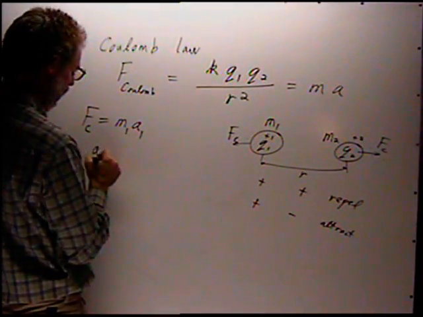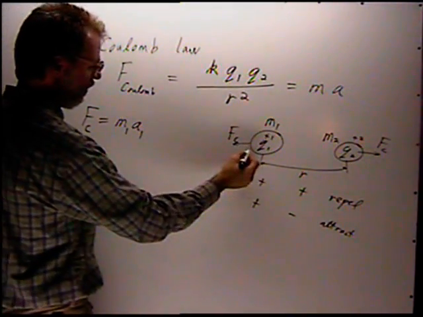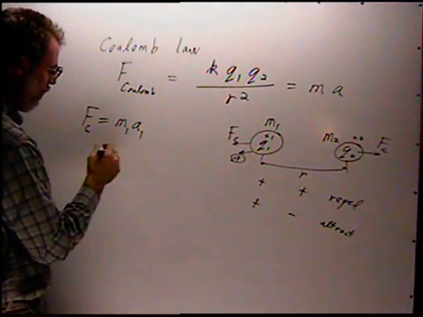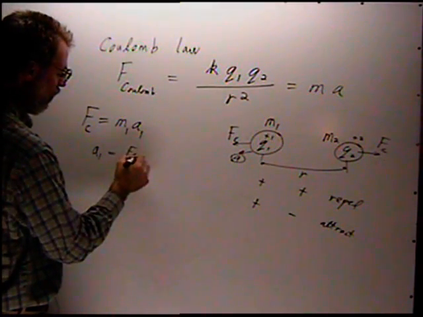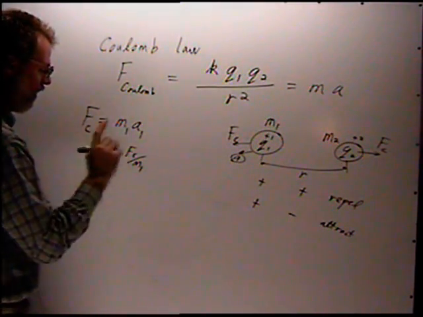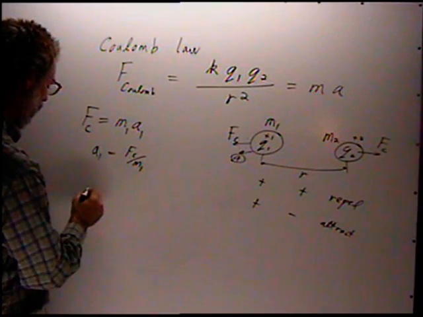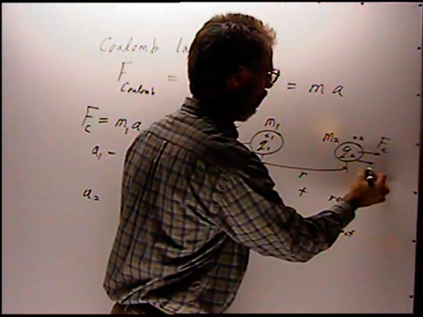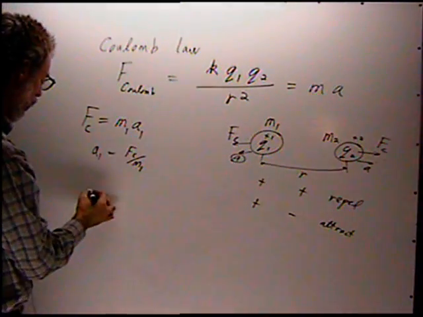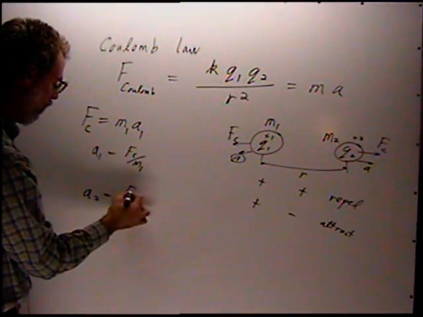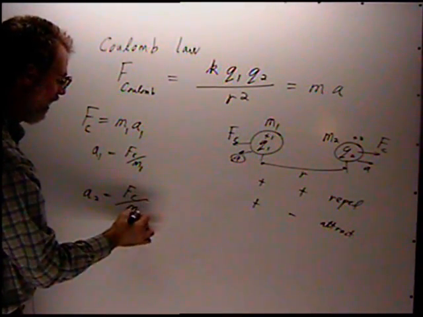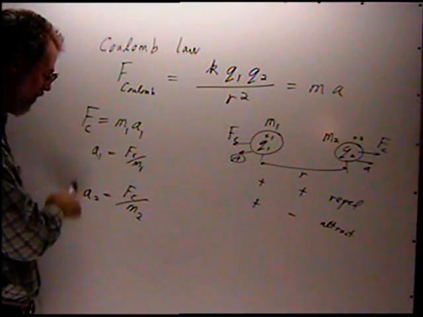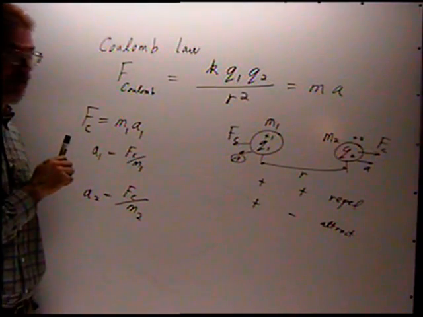The acceleration that this charge will undergo is simply the Coulombic force divided by its mass. Similarly, the acceleration that the second charge will experience will be the exact same Coulombic force, but divided by mass 2. If the masses are different, the accelerations will be very different.